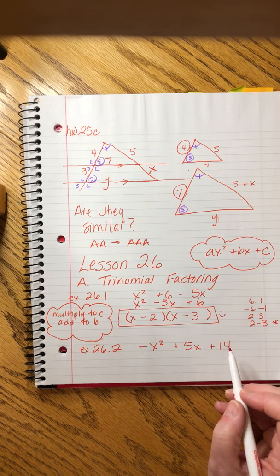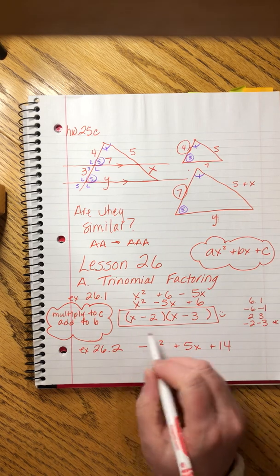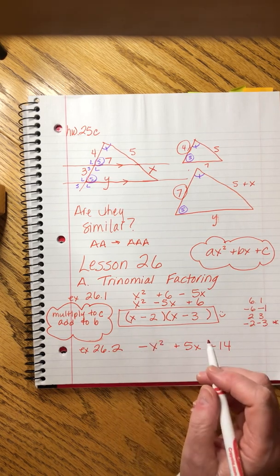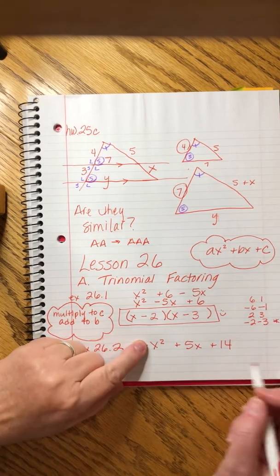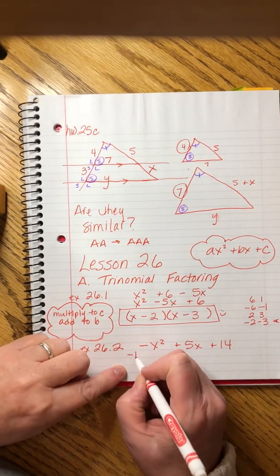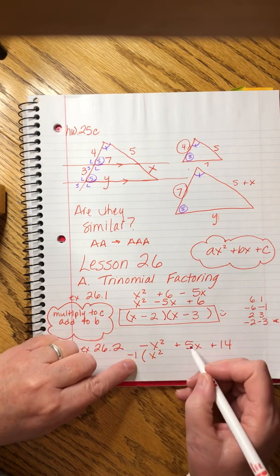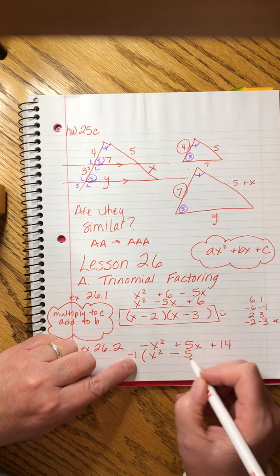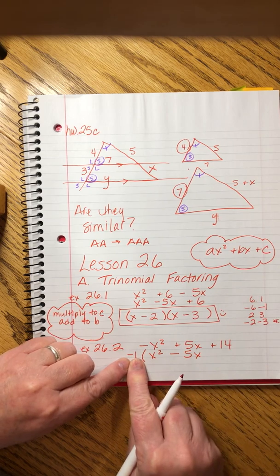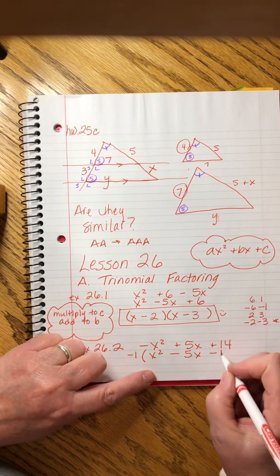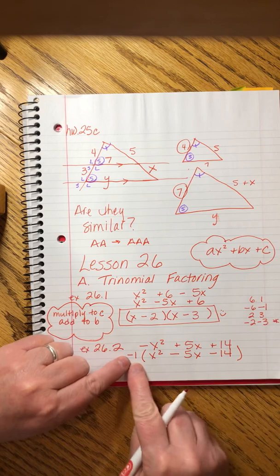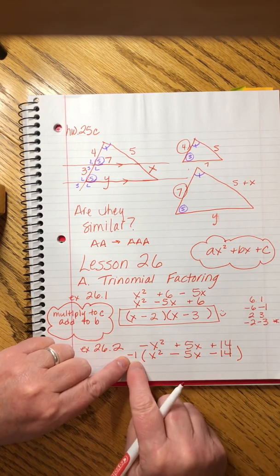When we see something in front of that x squared that we don't like, we factor it out. So I'm going to factor out a minus 1 because I don't want that minus sign there. So this will become positive. This will become negative, right? This minus 1 changes the sign of everything. And then this becomes negative also.